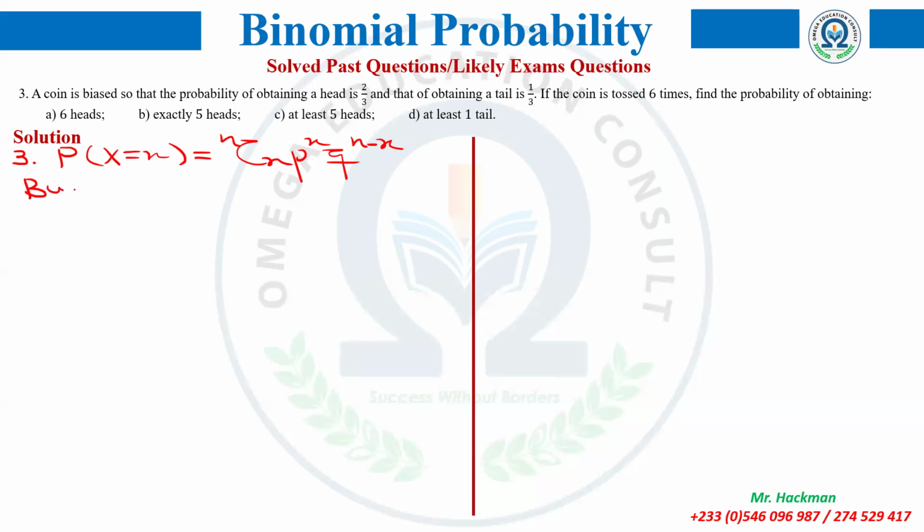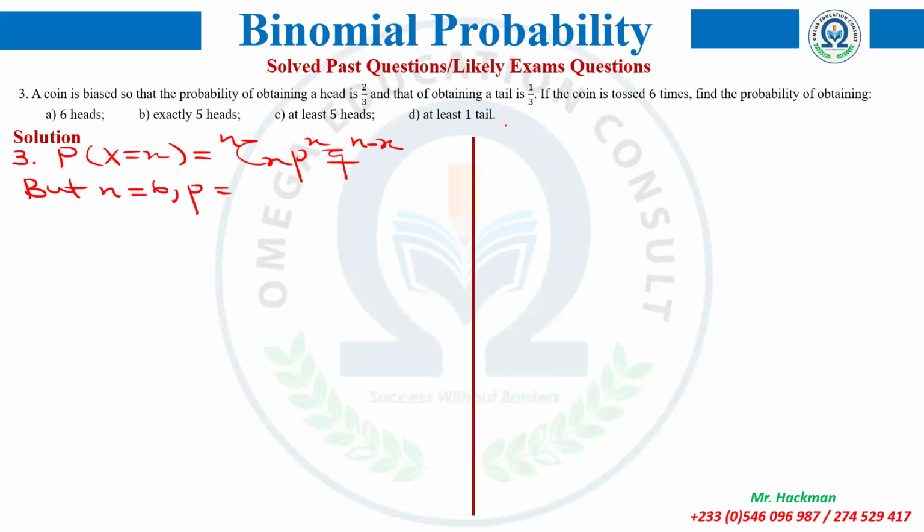N is equal to what in this question? Please, let's go. N is equal to 6. Very good. Then p is equal to what are we taking as our success?